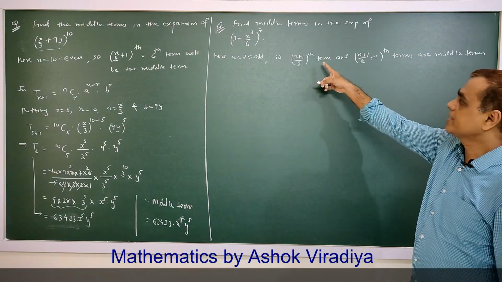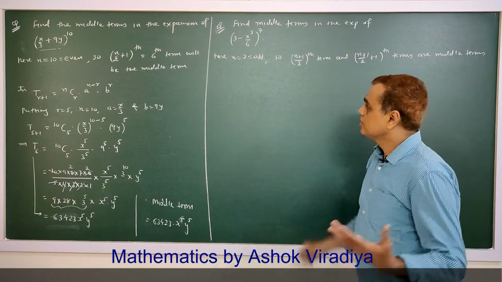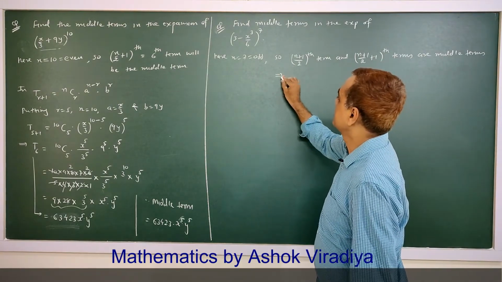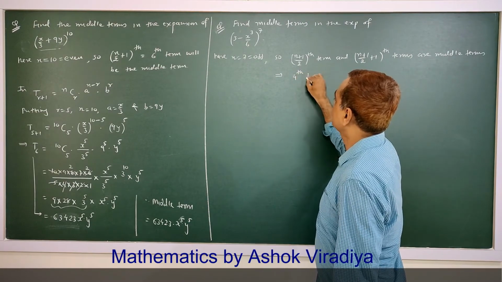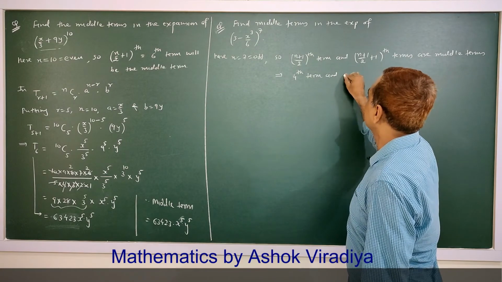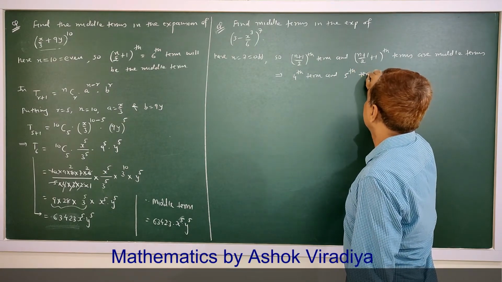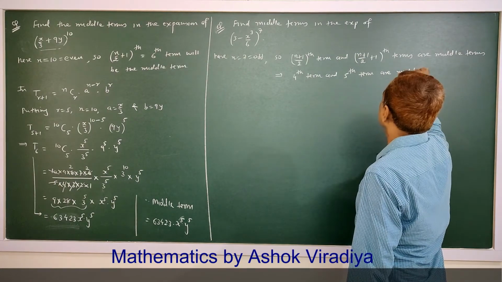Putting here 7, 7 plus 1, 8, 8 by 2, that is the 4th term, and 4 plus 1, the 5th term, are the middle terms.